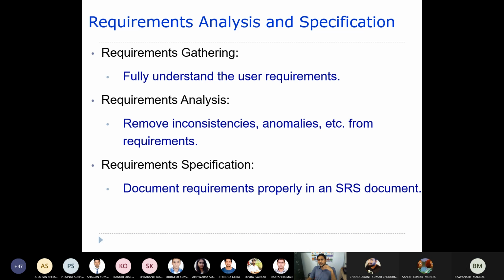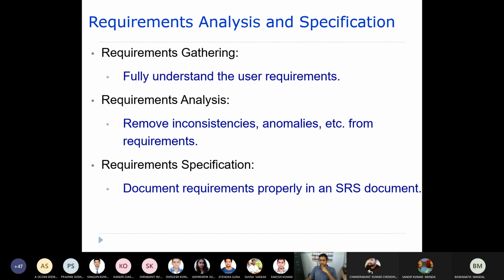As part of requirement analysis, after the requirements are gathered, these requirements will certainly have many inconsistencies. They may have many contradictions. At one point of time they are saying something, at another point of time they are contradicting the statement they made earlier.